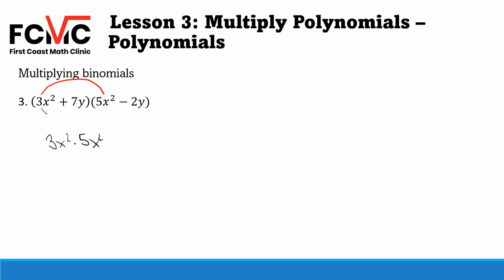Outer, 3x squared times minus 2y. So again, we're including the sign with the 2y. So I'll have minus 2y times 3x squared. Inner is going to be 7y times 5x squared. Do this in the same color.